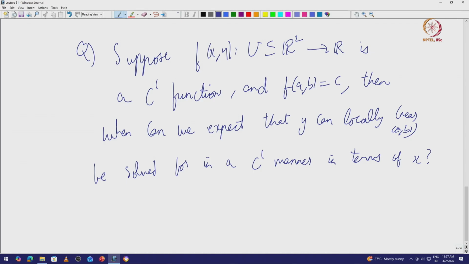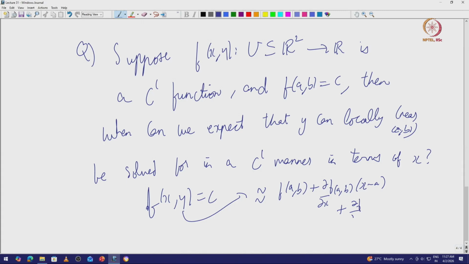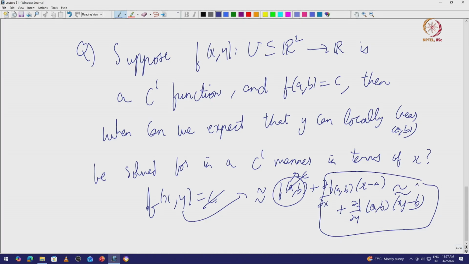Okay. So, what is the intuition here? You want to solve this, right? What is f of x y approximately equal to? It is f of a b plus the derivative at a b times x minus a plus the derivative at a b of y times y minus b. This is equal to c, right? So, these two c's will cancel out and you will say this plus this is approximately equal to 0, right?